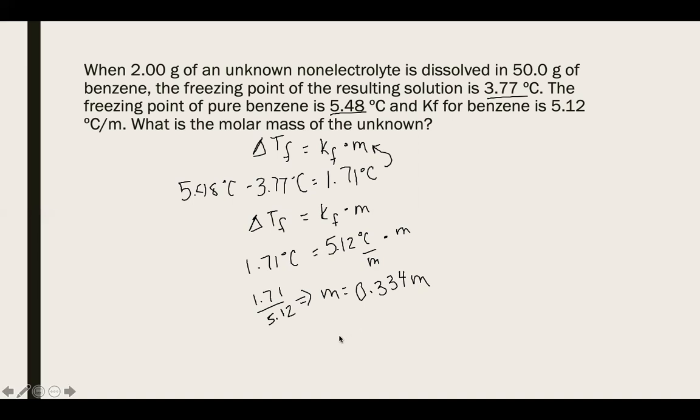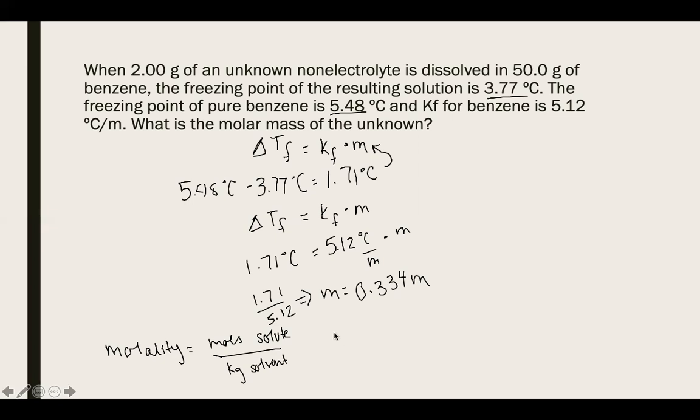And so now we have our molality, right? But we're trying to find the molar mass of the unknown compound. And so what we really need to do is find the number of moles. First, the molality expression is molality equals moles of the solute over kilograms of our solvent. We have our molality already, and we were given our grams of benzene, which is our solvent.